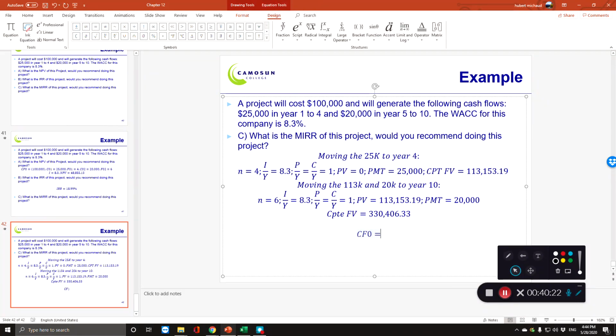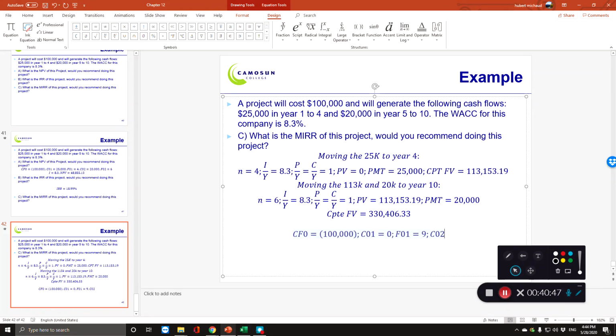CF0 will be negative $100,000. C01 will be $0, right? And we will have 9 of these $0, because remember we moved all of our cash flows to the last year, to year 10. So then I have $0 nine times in a row.